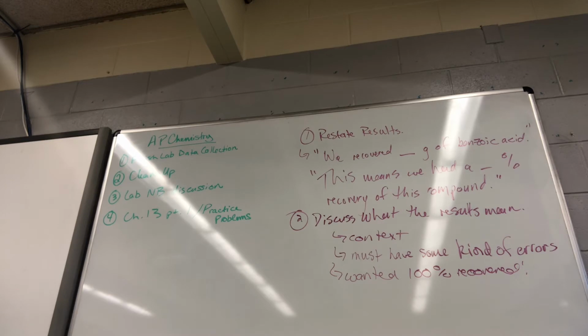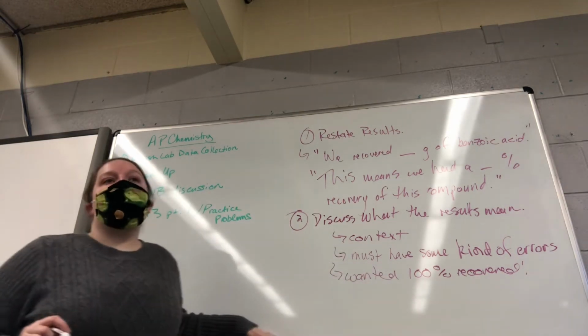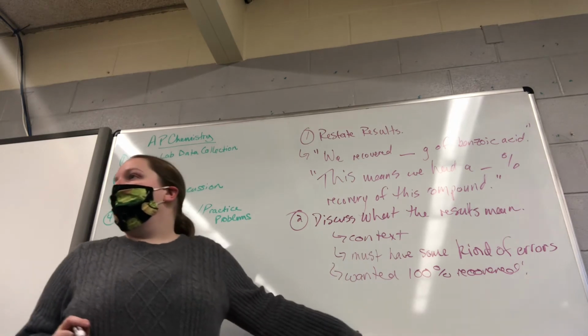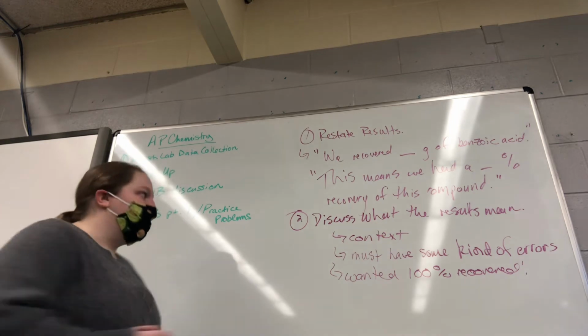I assume this is pure benzoic acid with no impurities, so you should have gotten a 100% recovery. And that is a fair assumption to make on this type of an experiment. But that's a good question. This is also a good place for, the context is, we expected 100%, but we got 85, or we got 95, right? And that's then where we're going to lead into our error analysis.